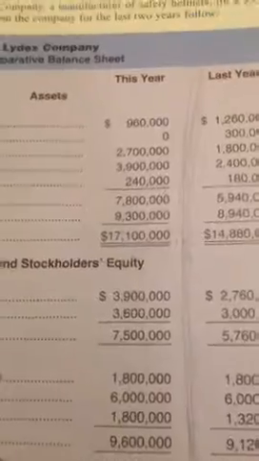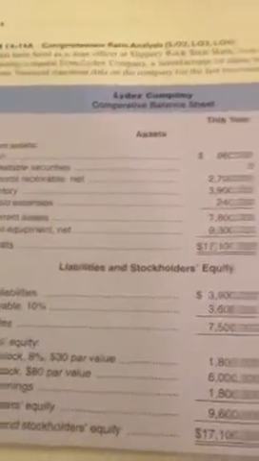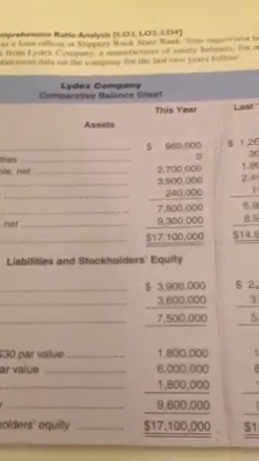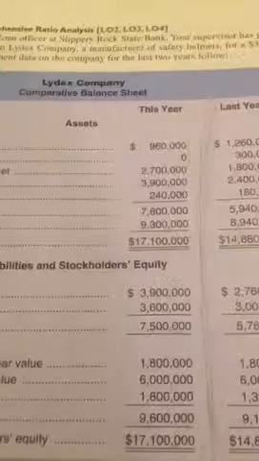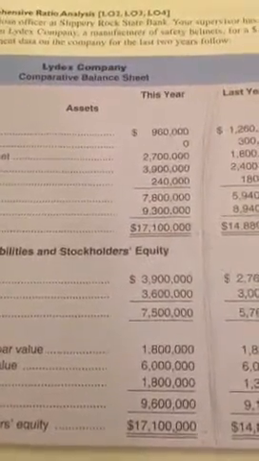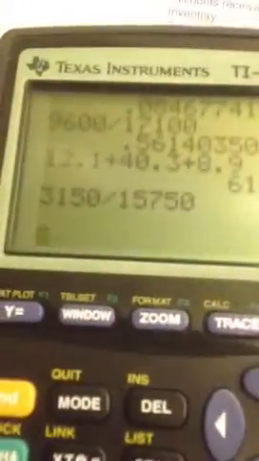That would always be the denominator, while any number, say for example cash, of 960,000, will be in the numerator. It will give you a decimal, and you would have to present that as a percentage. So you'd move the decimal place twice to the right, and we'll just round to the first decimal place. I'll just give you an example.